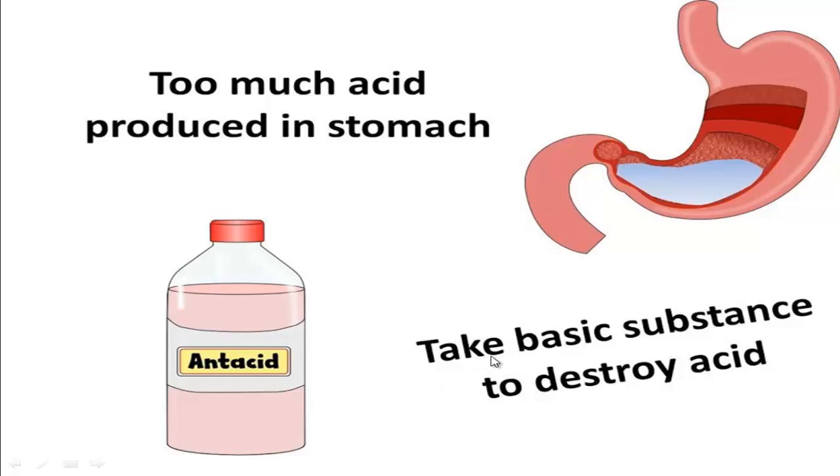We generally take a medicine named antacid, which contains an alkaline substance, that is magnesium hydroxide or aluminum hydroxide. Why do we take this type of medicine? Because these basic substances neutralize the acidity of the acid and relieve us.